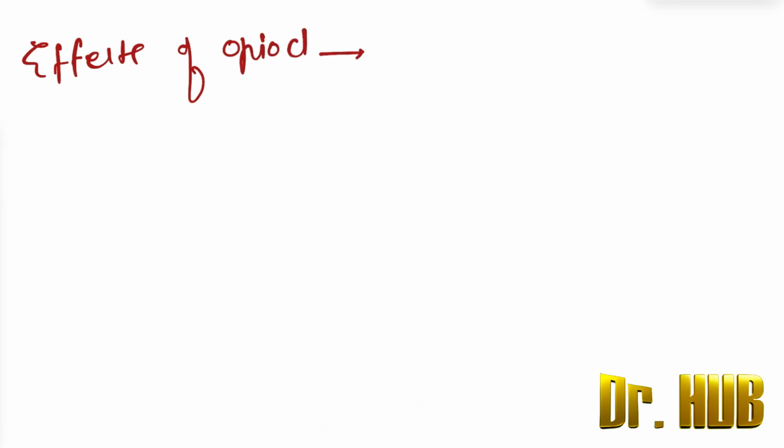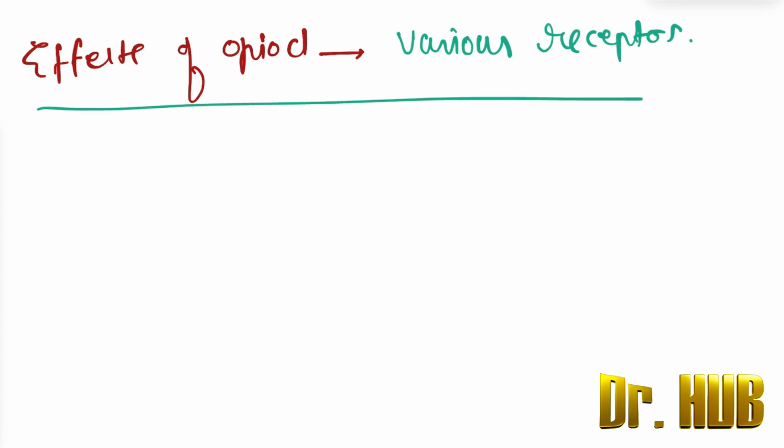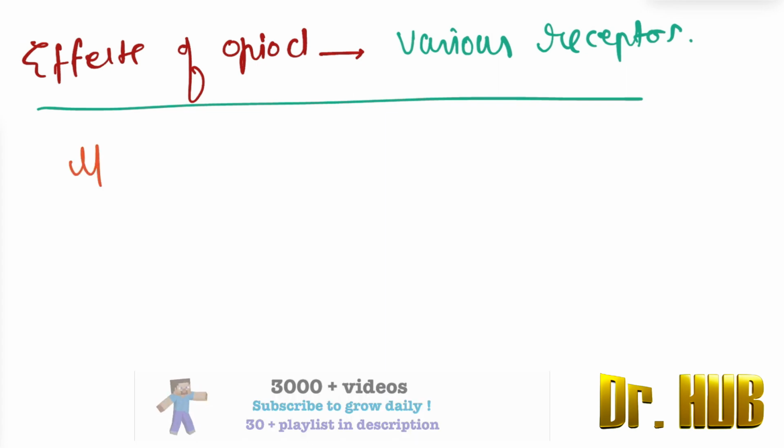So we are focusing on the effects of the opioid on its various receptors. To begin with, we look at the mu receptors. So mu receptors, what is the IUPHAR name?